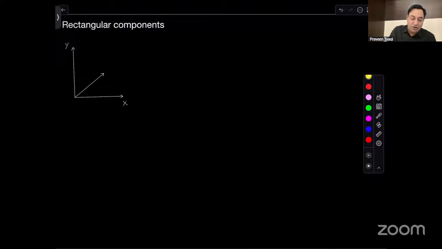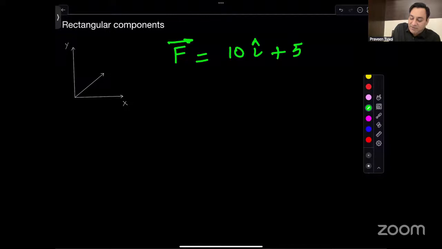So rectangular components means when we break a vector into mutually perpendicular components. If we are dealing with 3 dimensions, we will have X, Y, and Z components of a vector. And we will be writing those vectors as, suppose I have a force vector in 3D, which is 10 i cap plus 5 j cap plus 3 k cap.